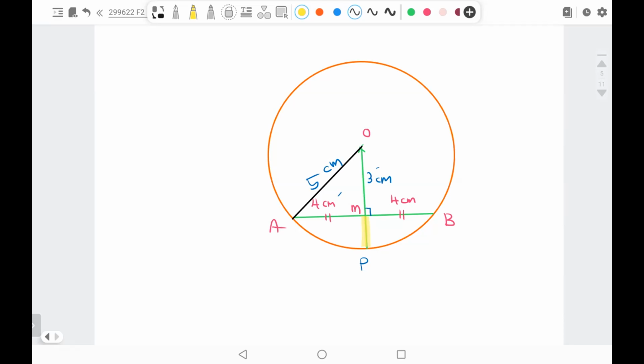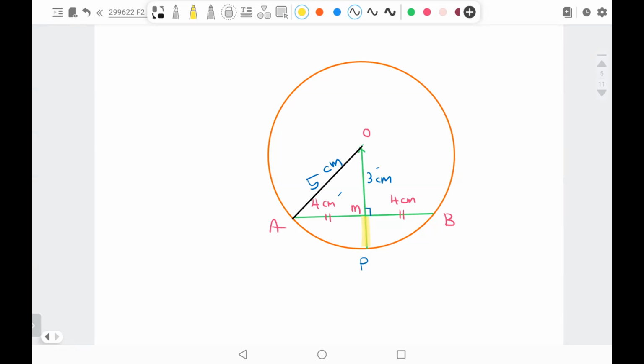O to M is 3 cm. Then you wonder, how do we find MP? Look carefully at the diagram. O to A is radius. O to B is also radius, 5 cm. If you check O to P, it's also a radius, 5 cm.